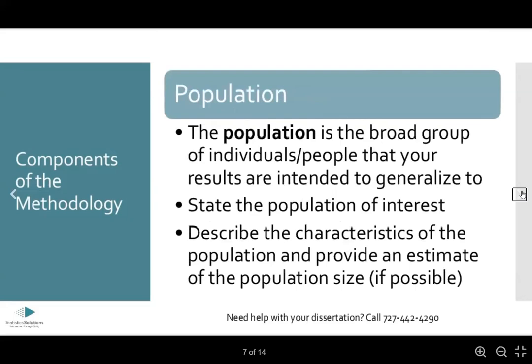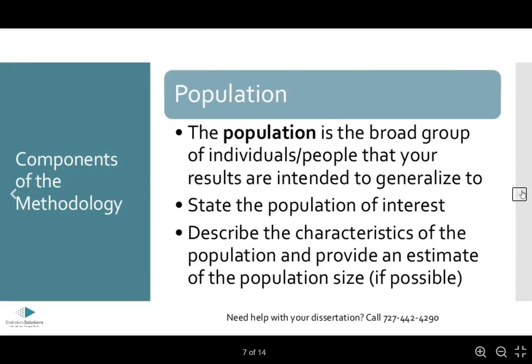And that is going to be the population. Here, it's important to note and kind of remind yourself back to your stats classes that the population and sample are slightly different. A lot of students might use these terms interchangeably, but you really want to make sure to distinguish between the two in your study. So the population is the broad group of individuals that your results are intended to generalize to. So in terms of population, it is going to be the group that your study is about.